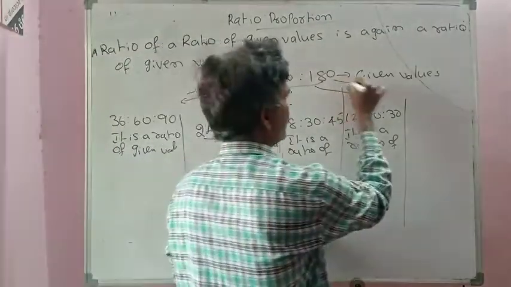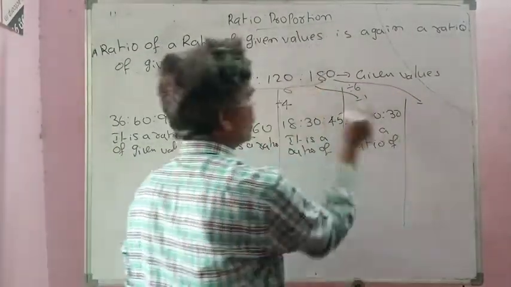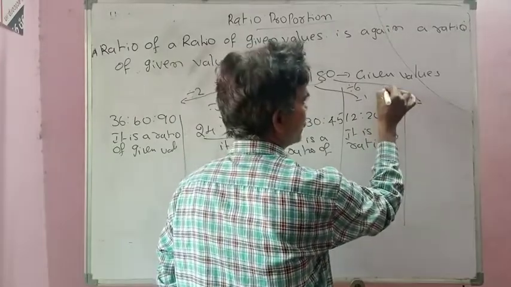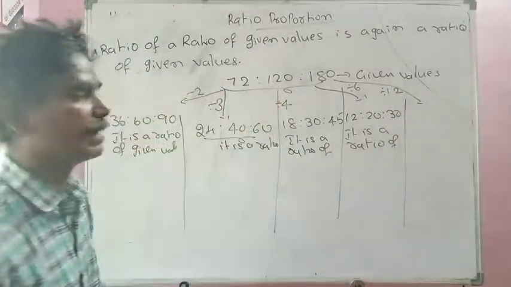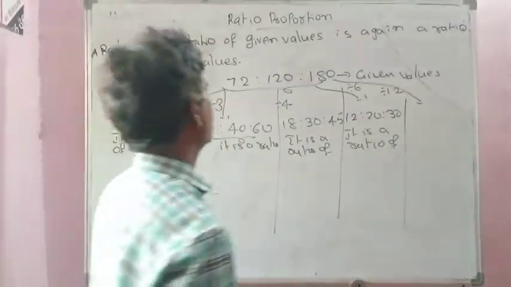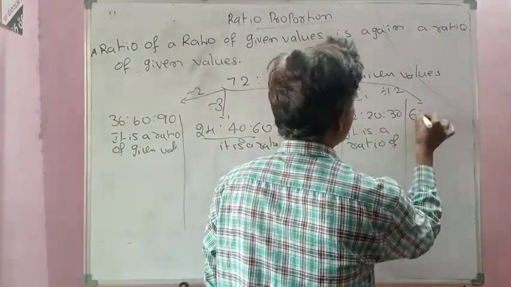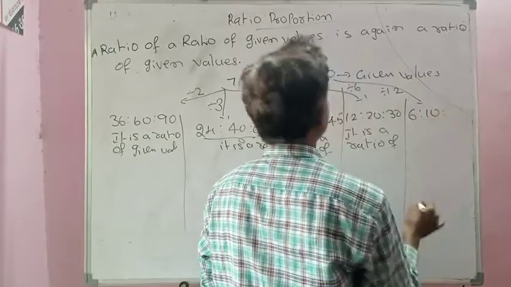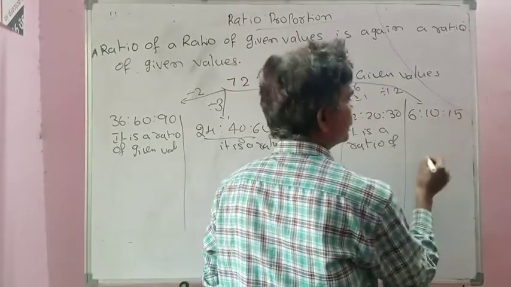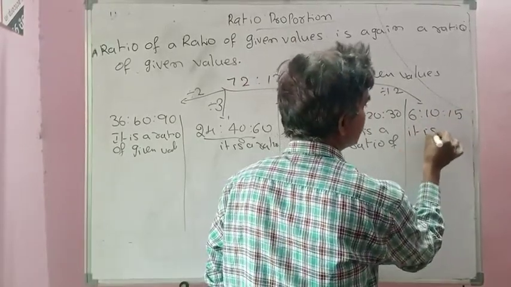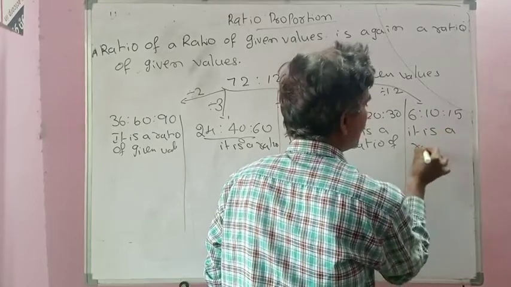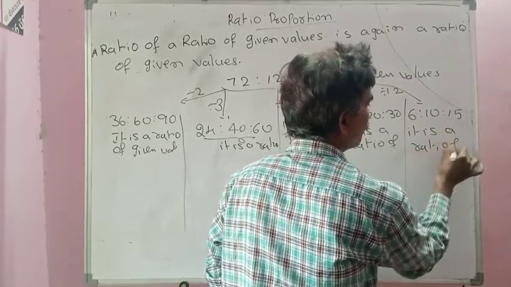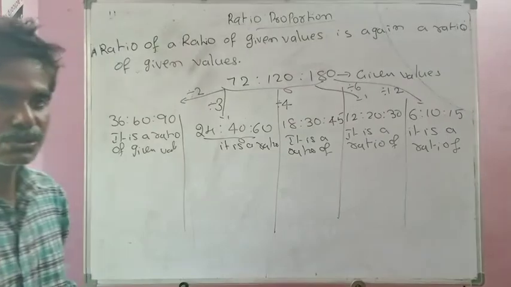And let us find out another ratio of these values. For that, let us divide given values by 12. Then you will get 6 is to 10 is to 15. It is a ratio of given values.